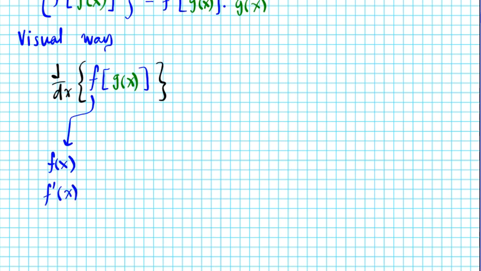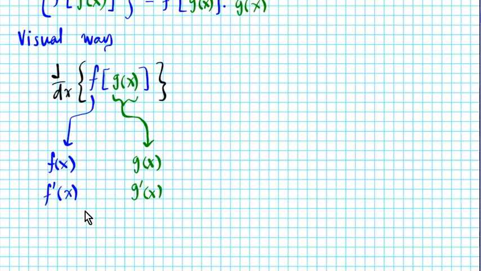Okay, so the outer function as a simple function, not composite, you take it out and look for the derivative, and then you extract your inner function, which is g of x, and then you look for its derivative. Okay, so you have the outer function, its derivative, the inner function, its derivative, and then you put them together using the chain rule.